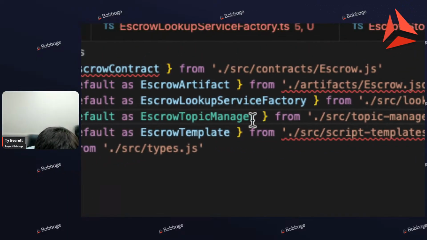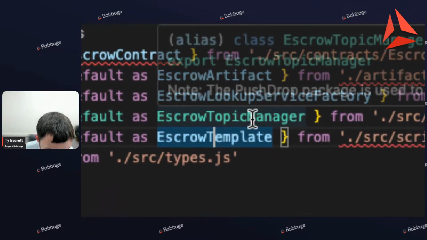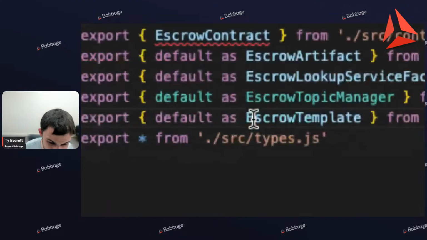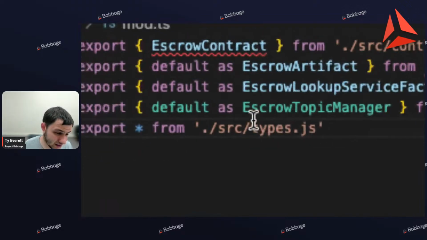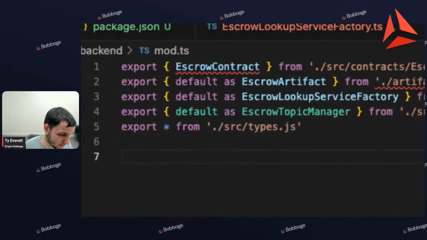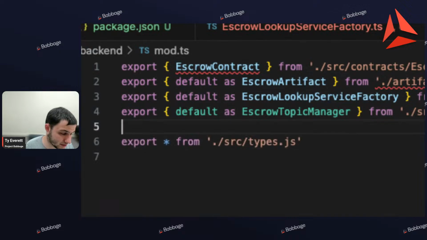They can't do that. Okay, and then we're not exporting a script template because that doesn't exist. But we are exporting all the types.